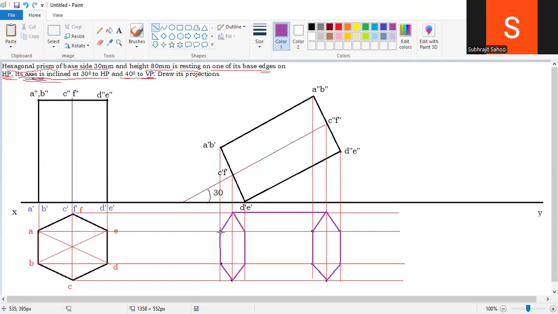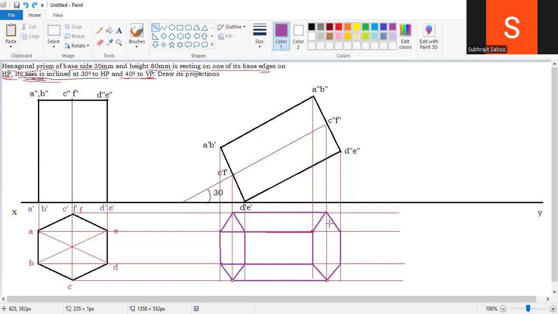Then see, here to here you join. Right. Here to here you join. Then here to here you join.